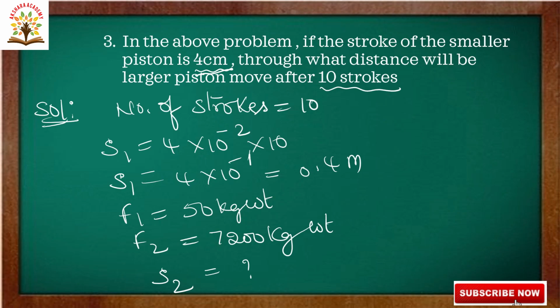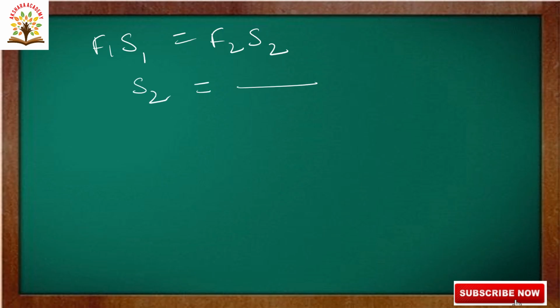So next we write F1 S1 is equal to F2 S2. So now we have to calculate S2. S2 is equal to, the formula for S2 is F1 S1 by F2.